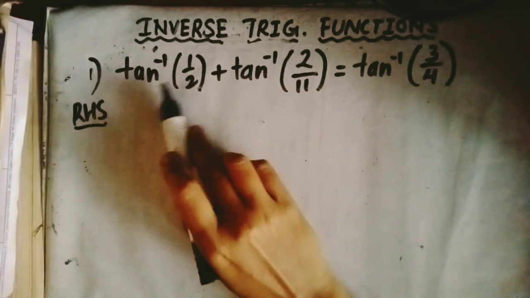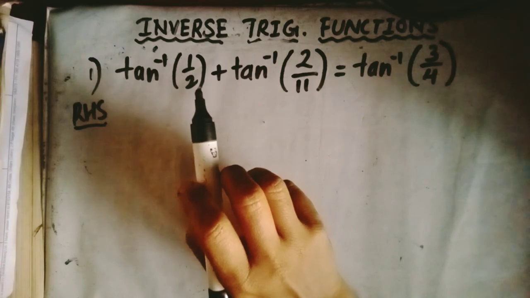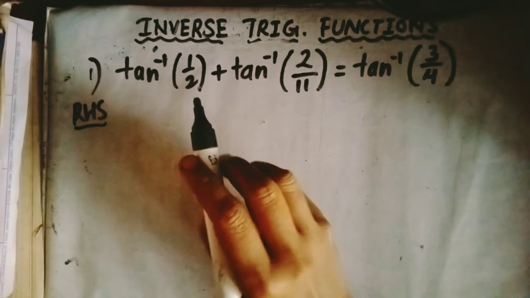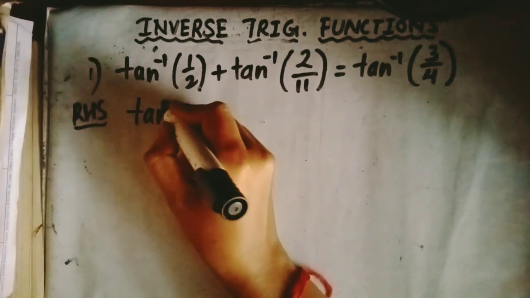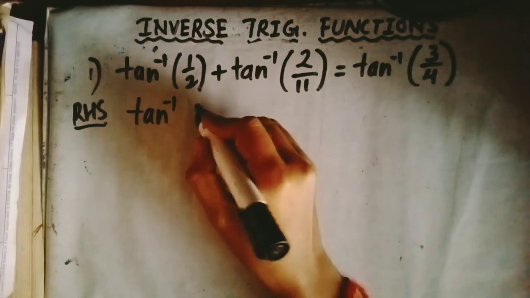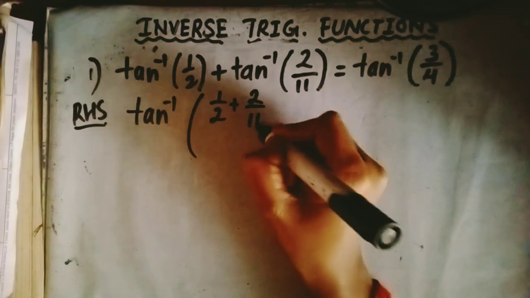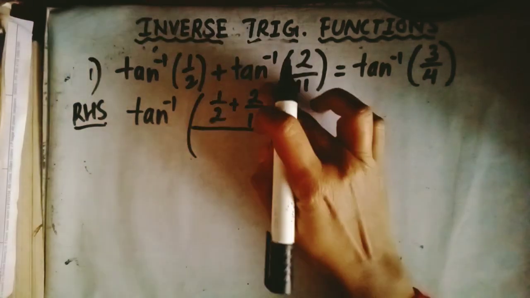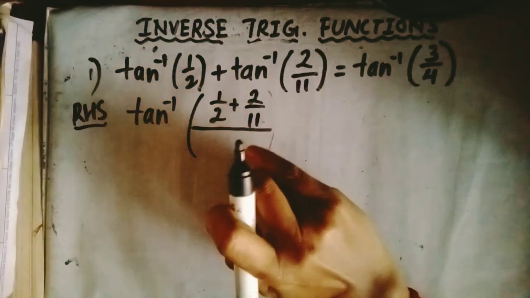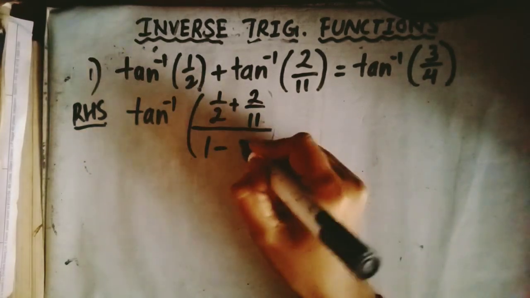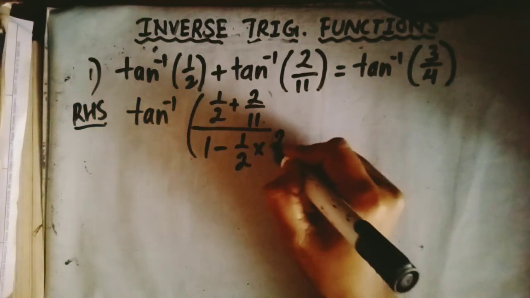So we have tan inverse of x plus tan inverse of y. So using the property tan inverse of x plus y, so this is half plus 2 by 11 upon 1 minus x into y, so half into 2 by 11.